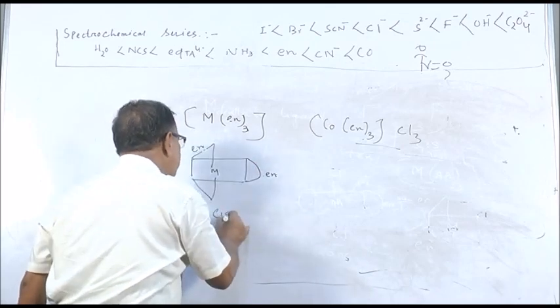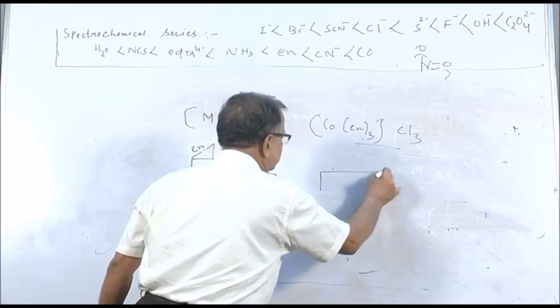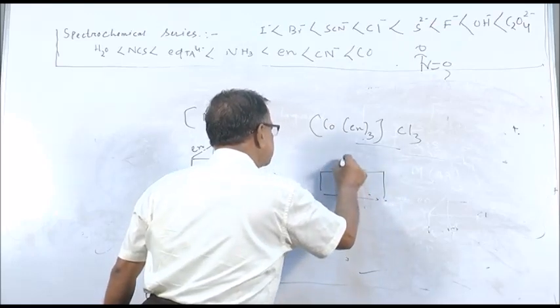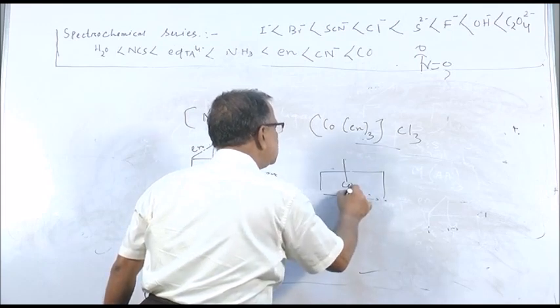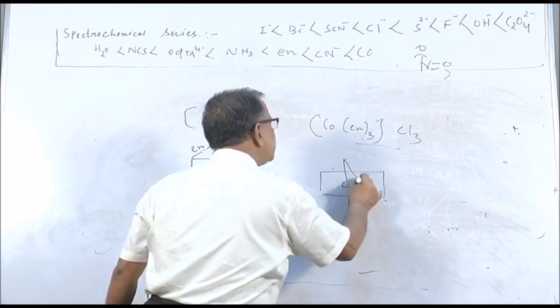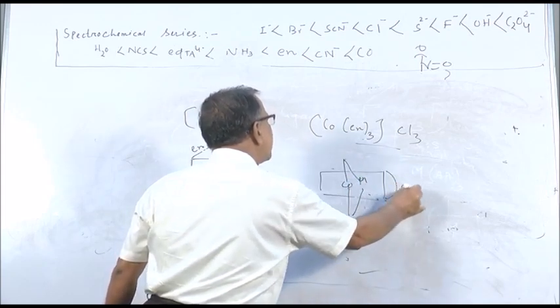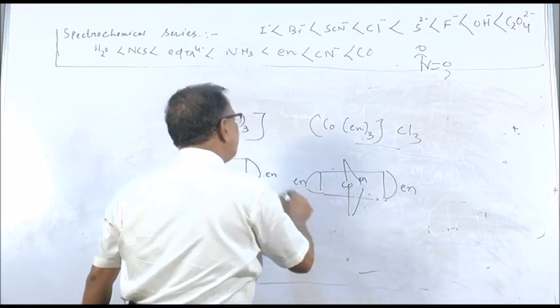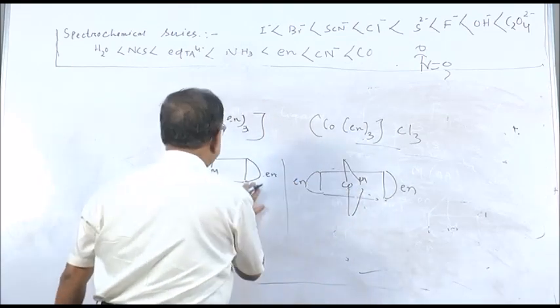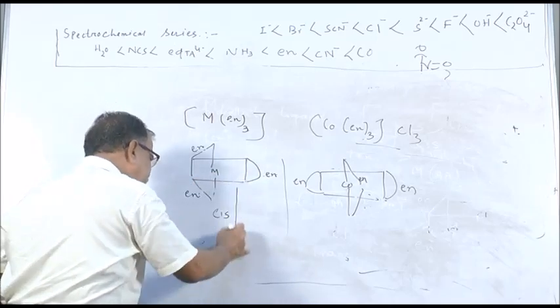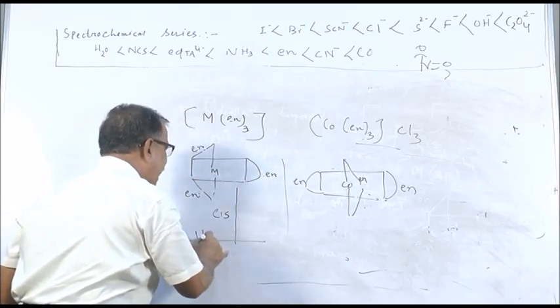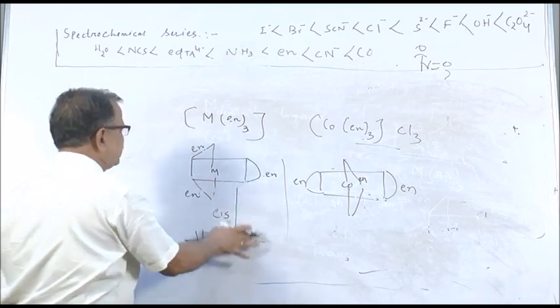It is cis form, and this form is Co with en, en, en. Among these, the cis form is not symmetrical, therefore if we take a mirror image, we get the image of this.